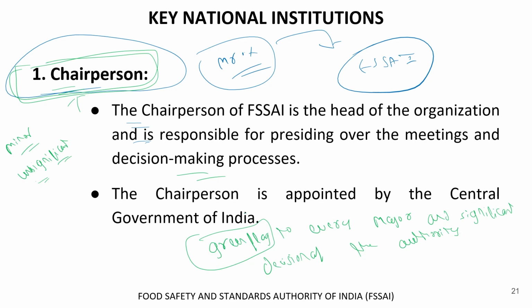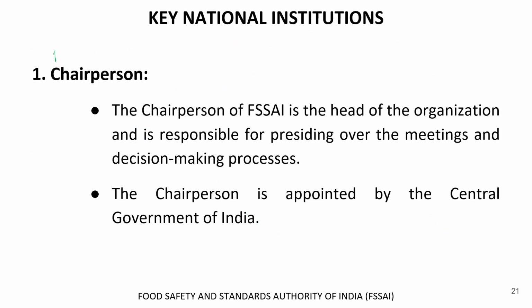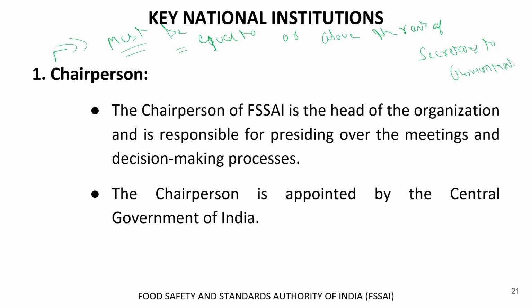The chairperson is appointed by the central government of India, but there is a condition. The chairperson must be equal to or above the rank of secretary to government. He must be equal to or above the rank of secretary to government.